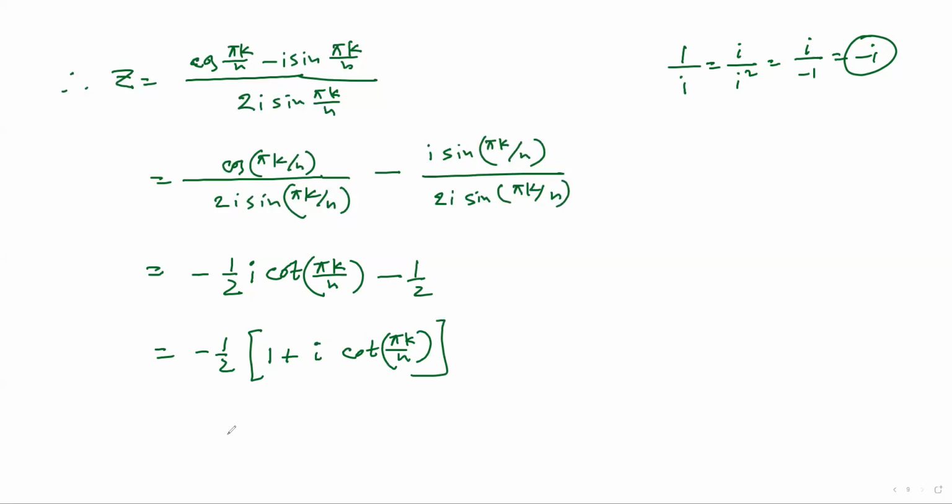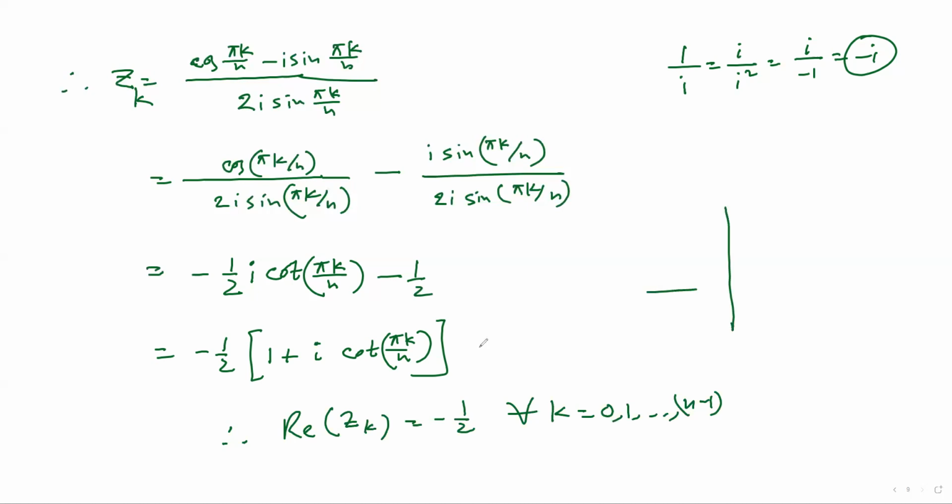As you can see, if this is expressed as zk, k standing for the index of different roots, then real part of zk is minus half. This is true for all k. And by k, I mean k equals to 0, 1 up to n minus 1, right? Which means in the complex plane, whatever the imaginary part be, real part of all these guys are actually equal to minus half.